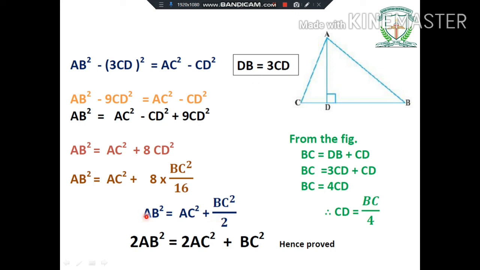Multiply each term by 2. So multiply AB square by 2, it becomes 2AB square. Multiply the other term AC square by 2, that becomes 2AC square. Multiply the last term BC square by 2 by 2; 2 and 2 get cancelled. You'll get BC square. So therefore 2AB square is equal to 2AC square plus BC square. This is what we need to prove. Hence it is proved.